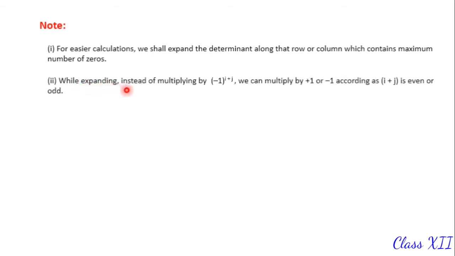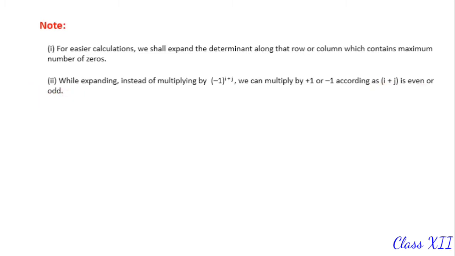Next, while expanding, instead of multiplying minus 1 the whole power i plus j, as in the previous examples where we have substituted 1 plus 1, 1 plus 2 and so on, instead of writing minus 1 the whole power i plus j in each and every step, we can multiply plus 1 or minus 1 according as i plus j is even or odd.